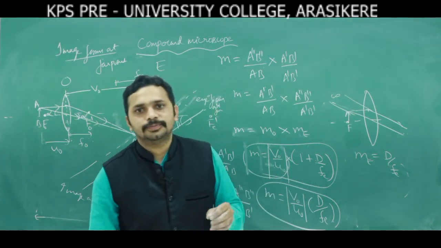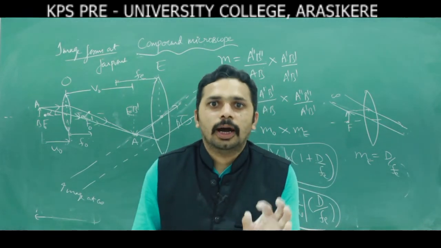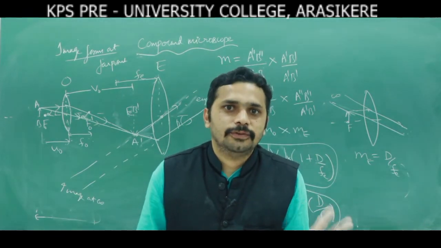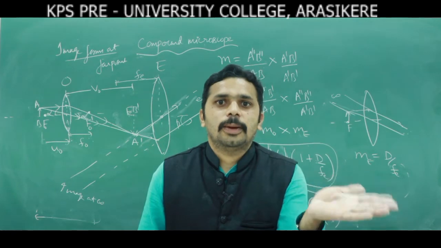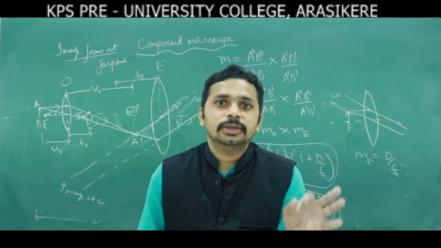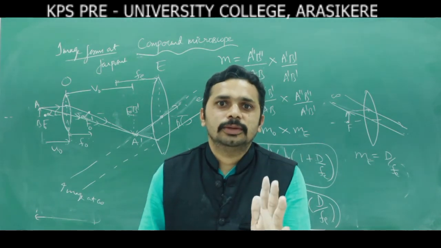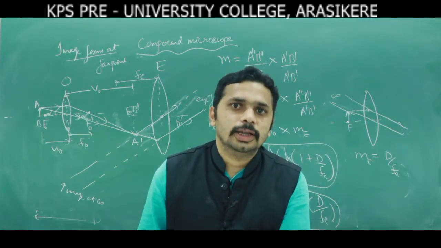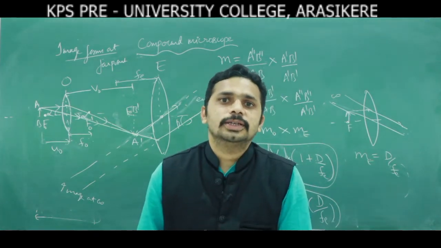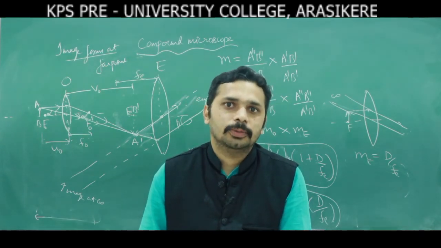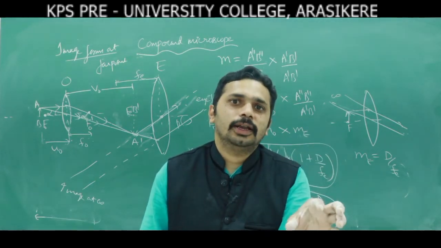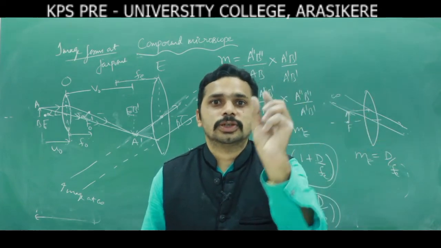But actually, now I am going to give the approximate relation for magnification. What is the approximate relation for magnification? The approximate relation gives the relation between focal length of the objective lens and focal length of the eyepiece lens in terms of magnification. And also, that approximate relation gives the magnification in terms of tube length.